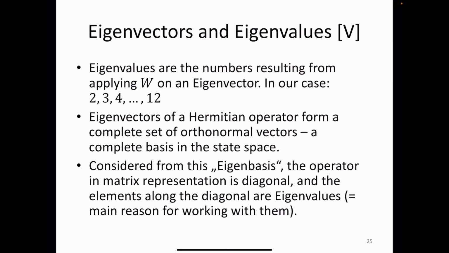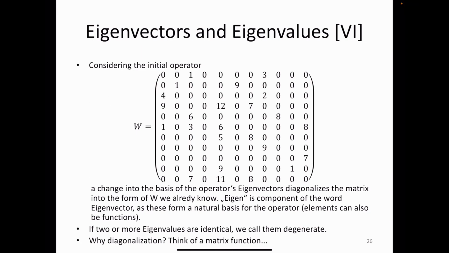These are also the eigenvectors that we're dealing with here. Considering an initial operator W, as given by that operator in the slide, a change into the basis of the operator's eigenvectors diagonalizes the matrix into the form of W we already know. Eigen is the component of the word eigenvector, as these form a natural basis for the operator.